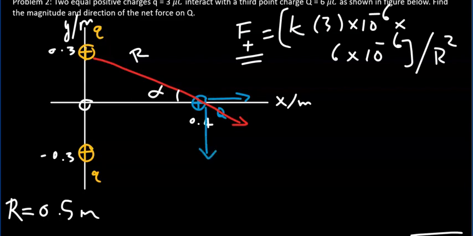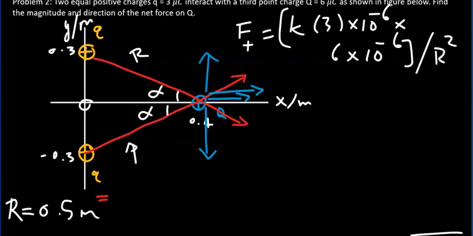Now the second contribution from the lower charge. So this will also repel the capital Q, but in that direction. And the angle here is also alpha, so this force due to this lower charge will again have a positive x component, but the y component now is positive, opposing the negative y component of the other charge.